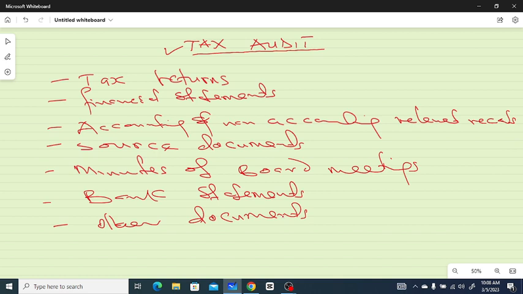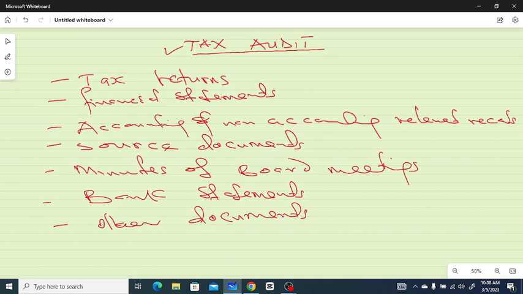So these are some of the documents that they have to examine when carrying out tax audit, just to ensure that the taxpayer has complied fully with the relevant tax laws.